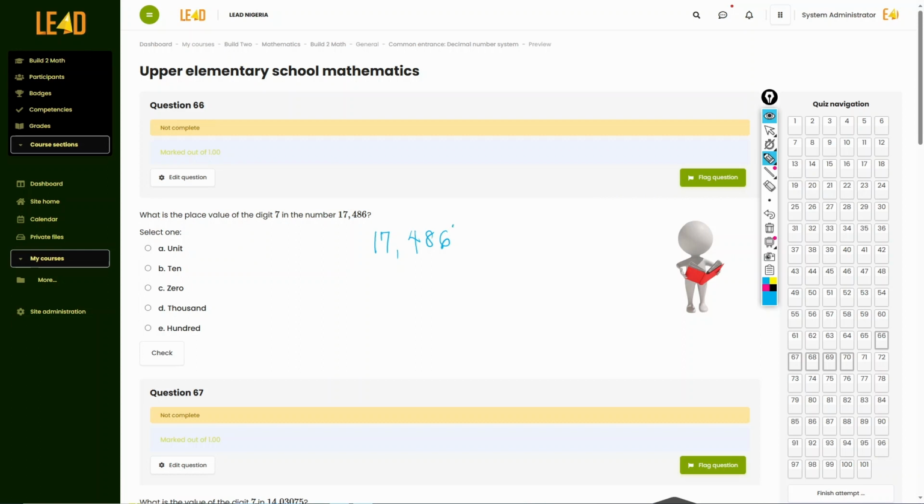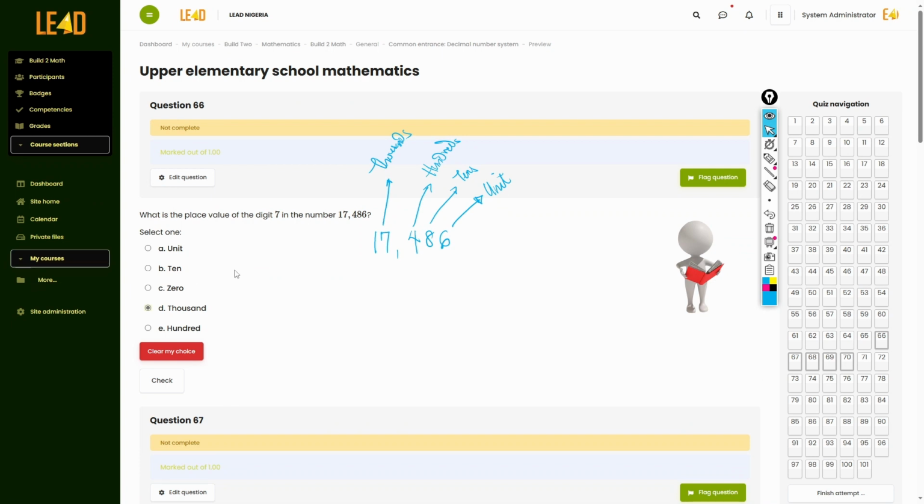We can just read it out. We have units, tens, hundreds, thousands. So the answer is thousands. The place value is 1,000, so we have 7,000. 7,000 is the answer. That's option D.